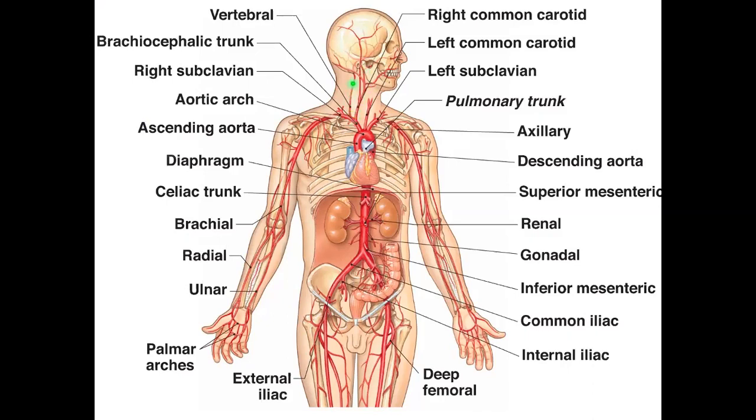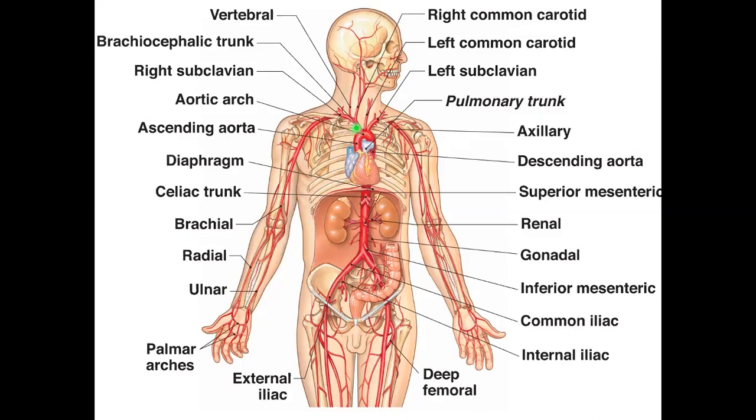Then it goes into the vertebral artery, which runs really deep, smacked against the vertebrae. So you have carotid going up to the brain. The external carotid provides blood vessels to the skin and face. Internal goes into the brain. The vertebral goes into the brain too as well.